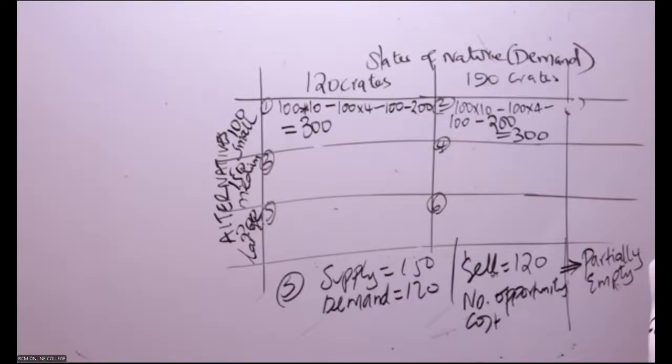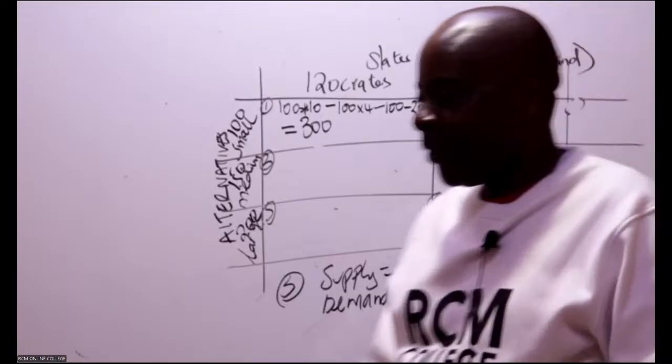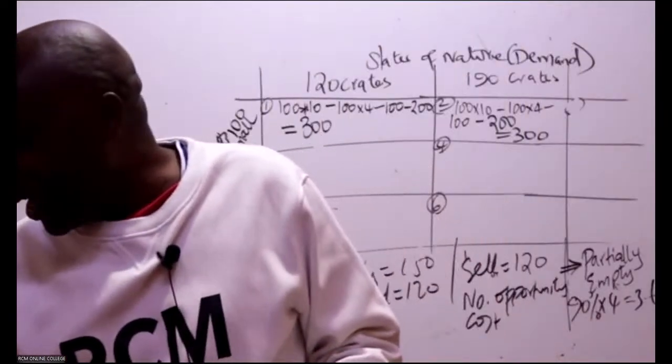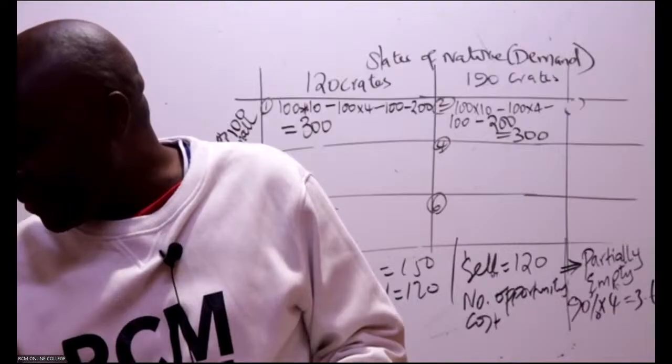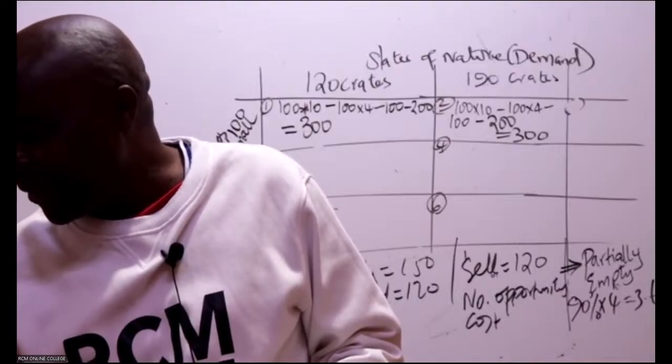It will be 3.6, because in this case there will be a 10% saving, so it will be 90% of the 4, which gives me 3.6. Let me read this again. You guys are very, very bright. Provide the 10%, yes.